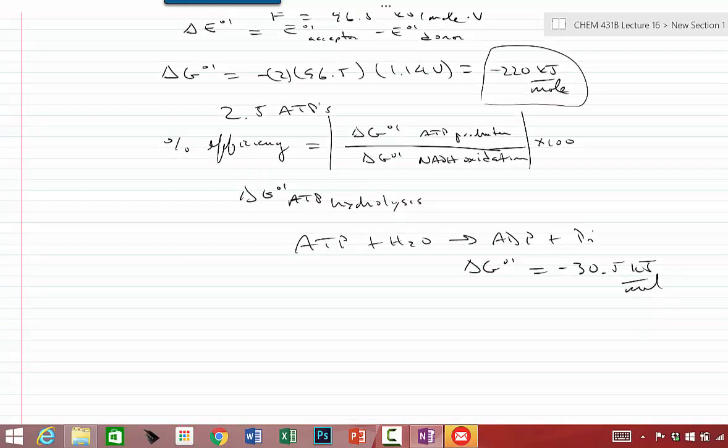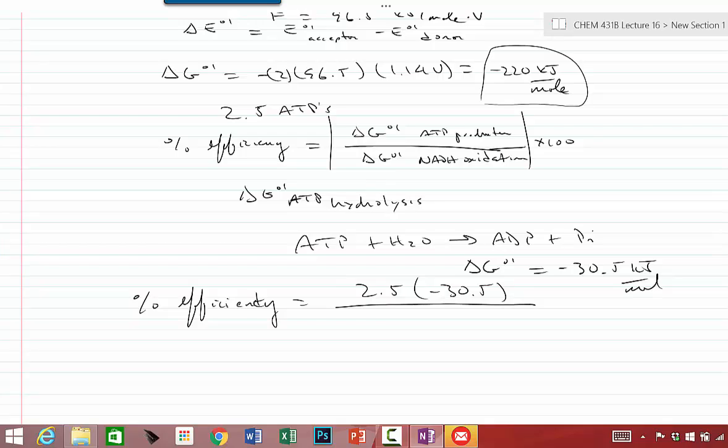So for the calculation of our percent efficiency, we talked about the number of ATP molecules that are created. It's going to be 2.5 multiplied by, we could say, minus 30.5 divided by minus 220.